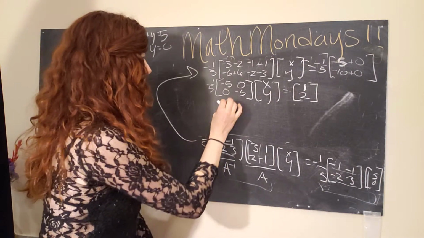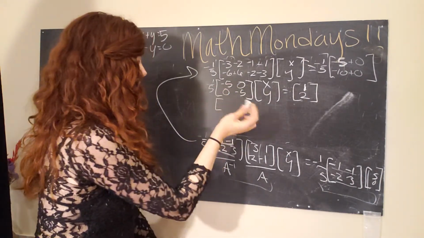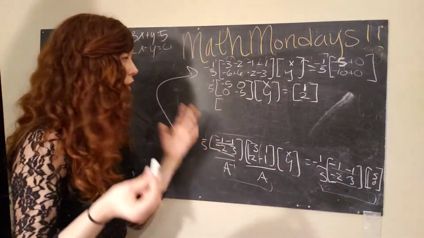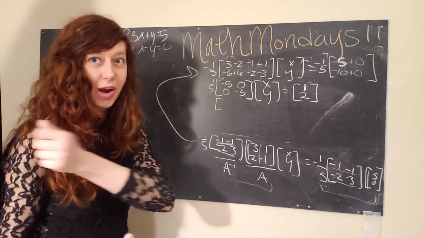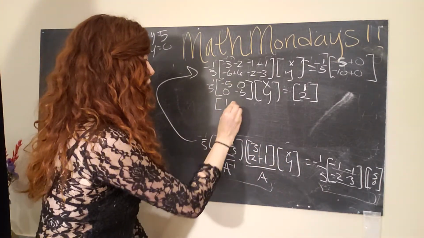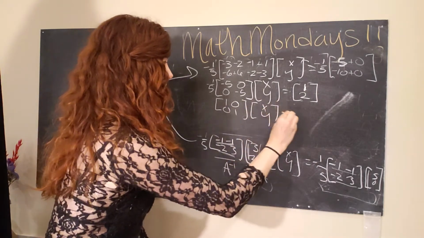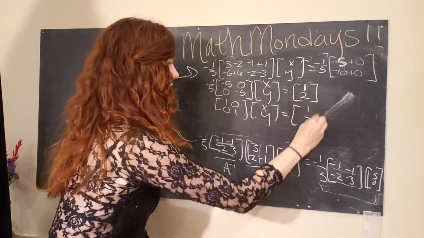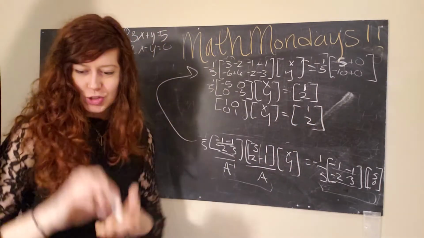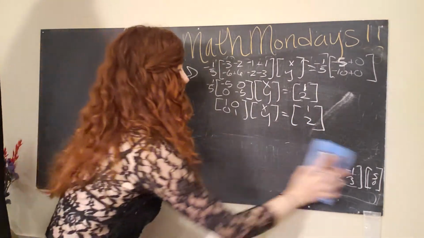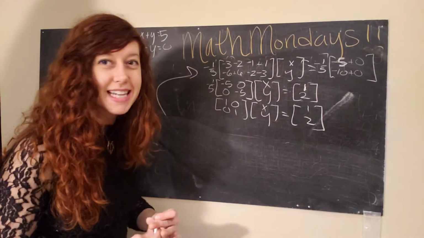Okay, and the last step is to bring in this -1/5, so that we get our diagonal matrix, and I'll show you why that's powerful. So we'll get 1, 0, 0, 1 times x and y equals 1 and 2. Yes! This is exactly what we wanted, because check this out.